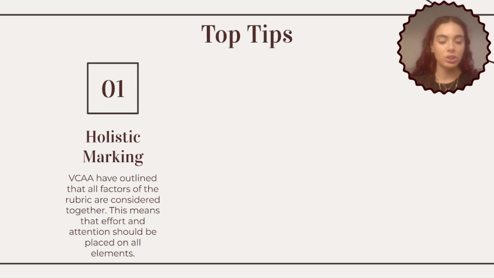So if I add it up and use a calculator and divide by 3, it's not like that. Okay, it is not using formulas like that. It's a general sort of how well have they done in all these areas in combination. Additionally, they don't outline that one dot point has more impact than others. In this case, what I'm trying to ultimately say is you should put effort in all the elements, not just one.